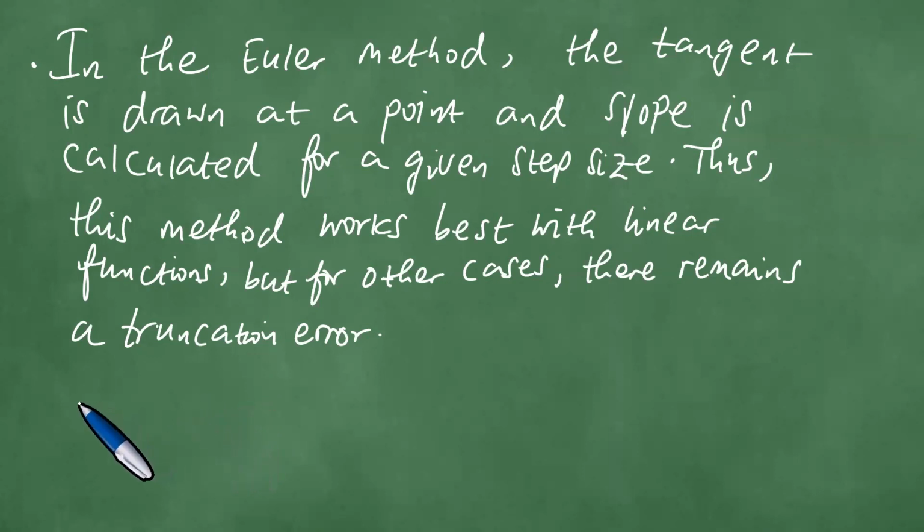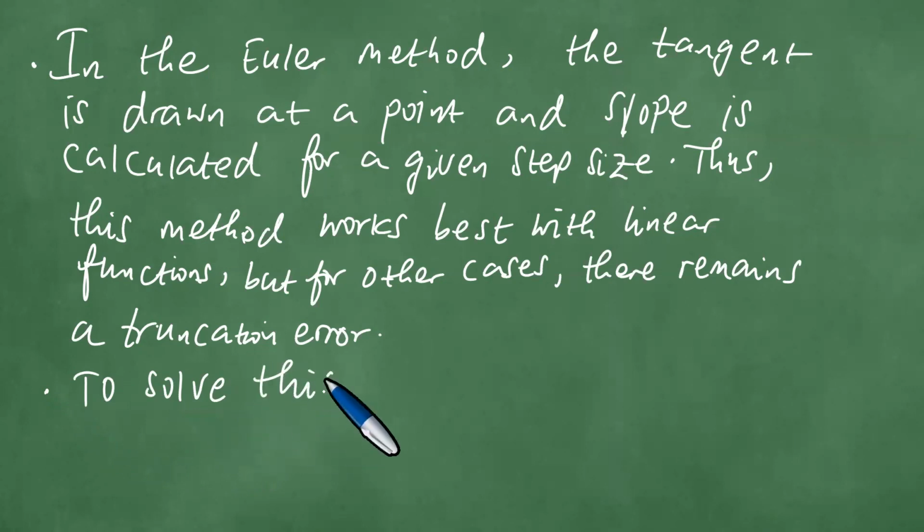Now, the truncation error that is experienced is therefore now to solve this problem. What is a truncation error? The truncation error becomes the rounding off error in the nonlinear cases.